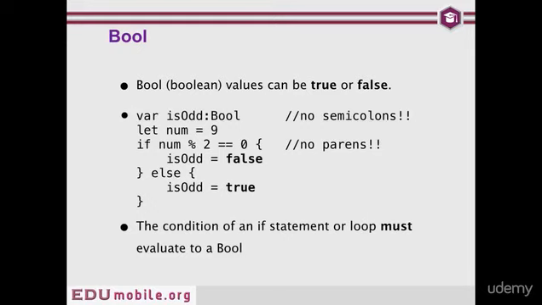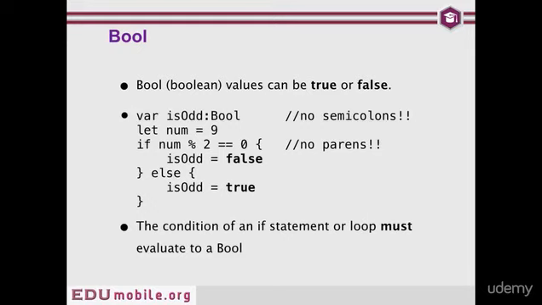Then we have let num equal to 9. So this is a constant 9 called num. So if num mod 2 is equal to 0, this evaluates to a Boolean condition. Num mod 2 is equal to 0 will either be true or false. So if num mod 2 is equal to 0, then our number is not odd.